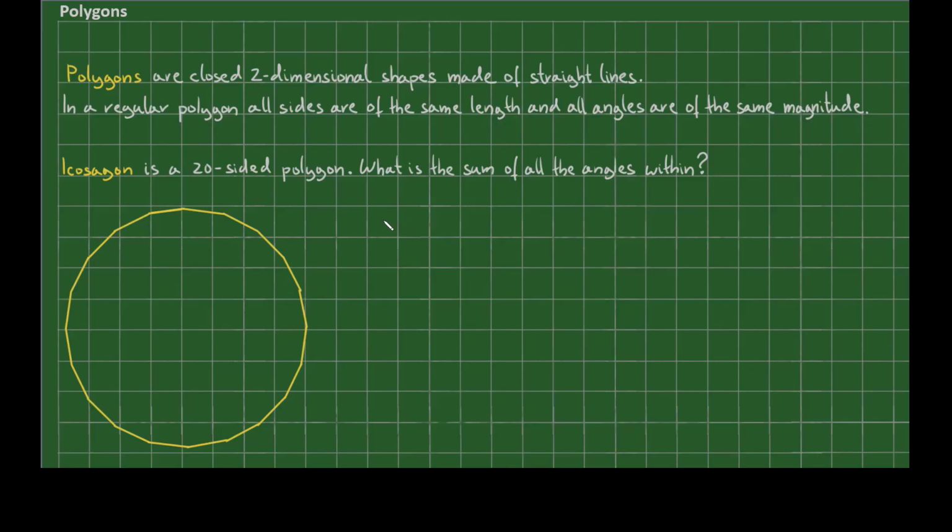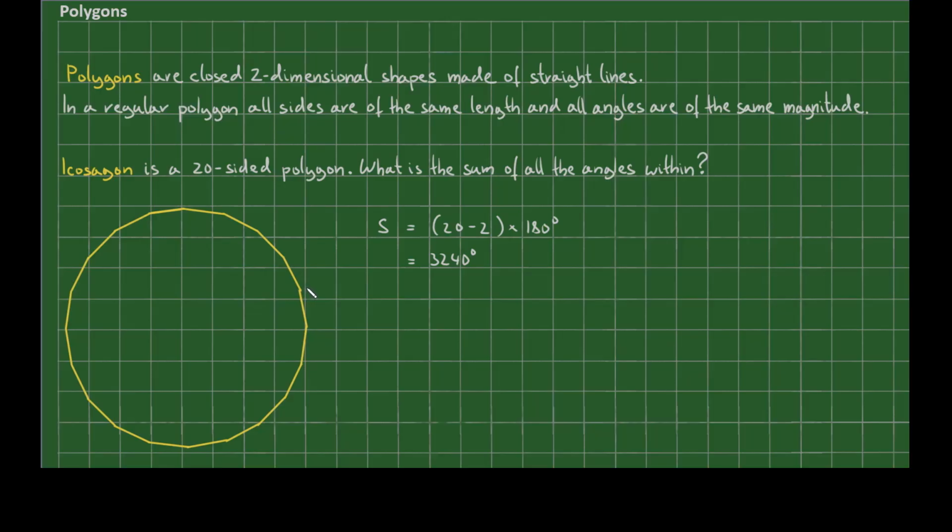I'm going to say that S stands for the sum of all the internal angles, and it equals the number of sides, in this case 20, minus 2, multiplied by 180 degrees. 20 minus 2 is 18, and 18 multiplied by 180 is 3,240 degrees.